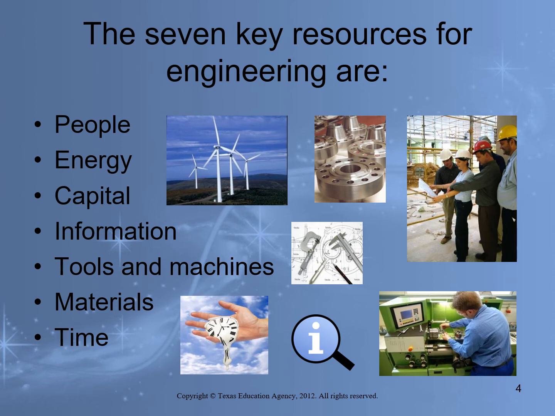So now we're talking about 7 key resources. All right, the first one, and arguably the most important one, is people. So people are the workers. If you have a company, we'll say, and we're inventing it, you might have people working for you.